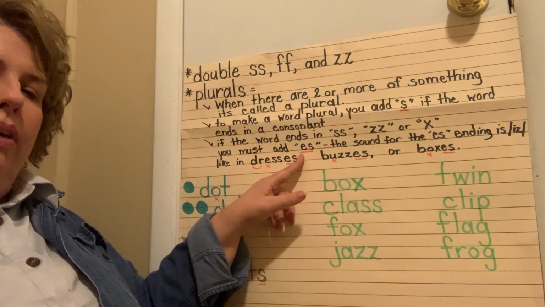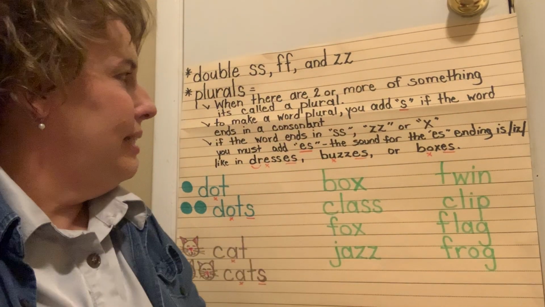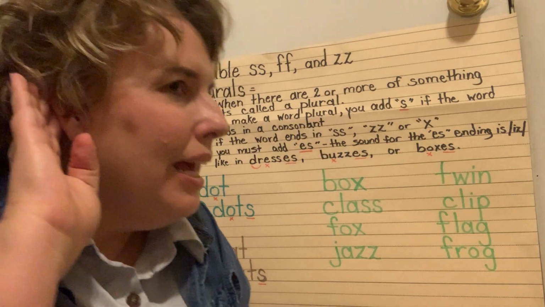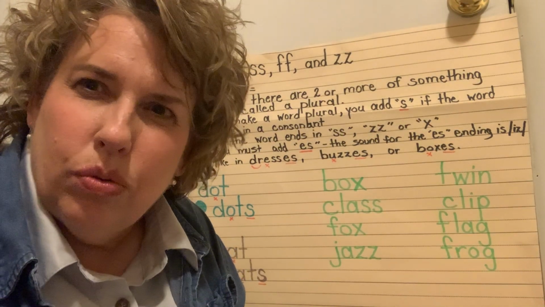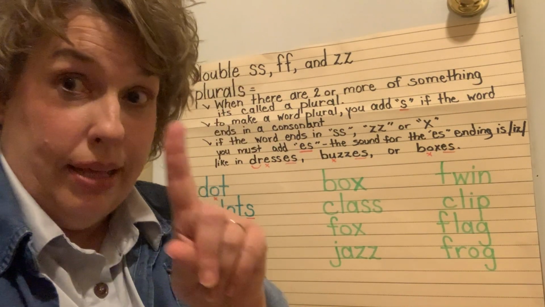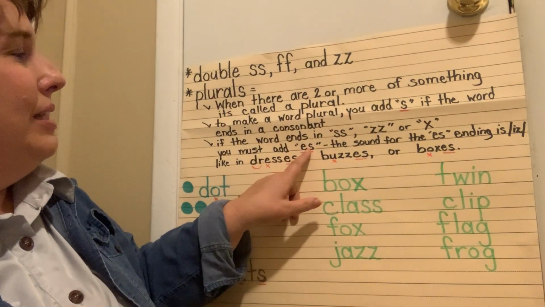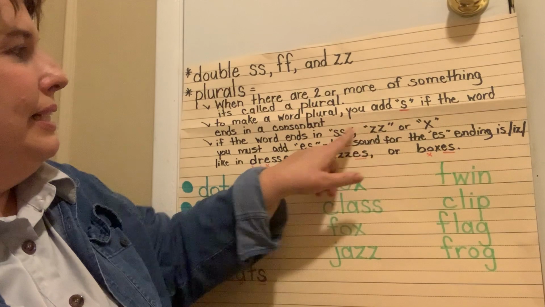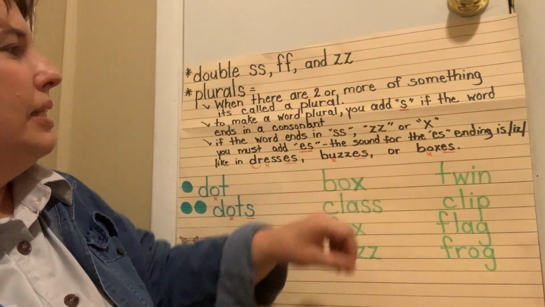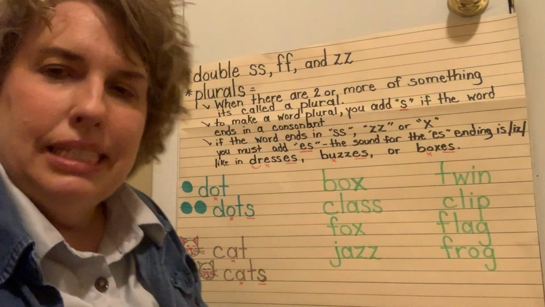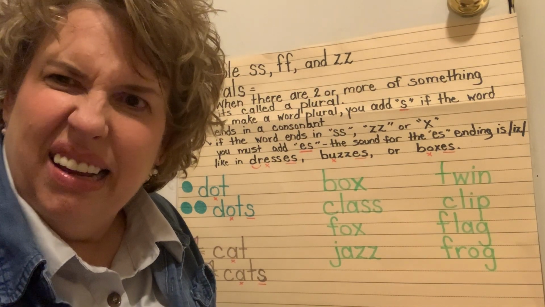Now, the letters ES in other instances would say S, right? But not in this case. When you add ES to the end of the words that end in these letters and letter combinations, that ES now sounds like IZ. What about that?